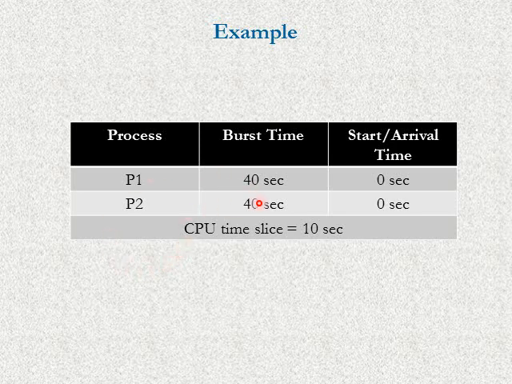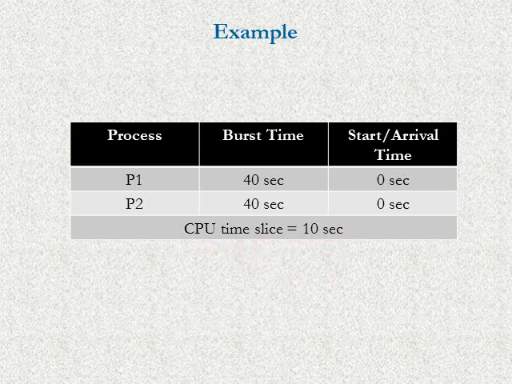The execution requirement for each of these processes is 40 seconds, and they arrived at the system at time 0. So both of them require 40 seconds from the CPU, and the CPU time slice is 10 seconds.